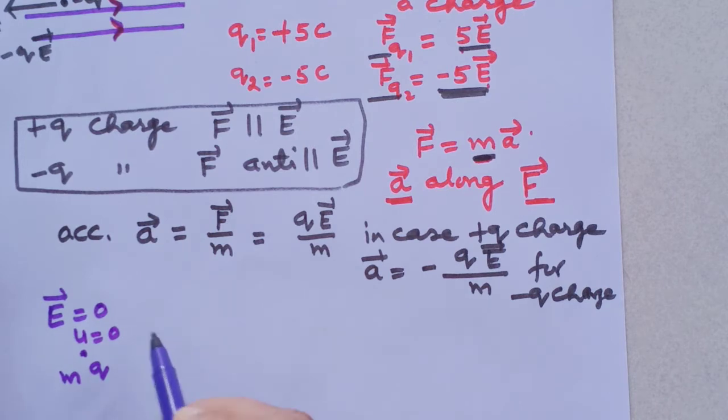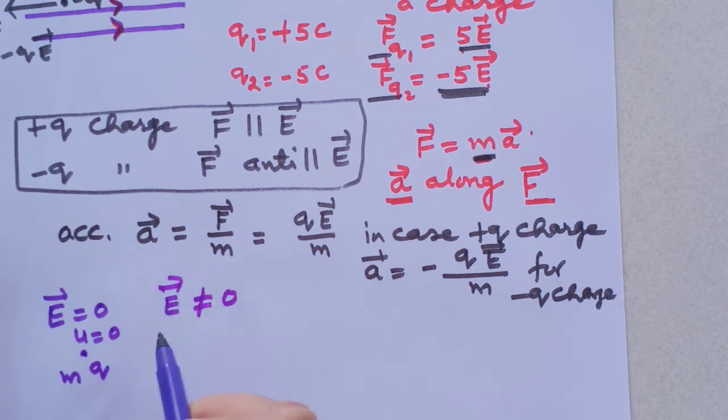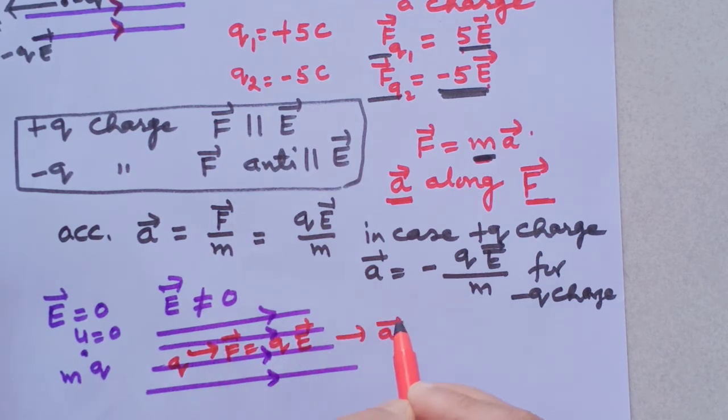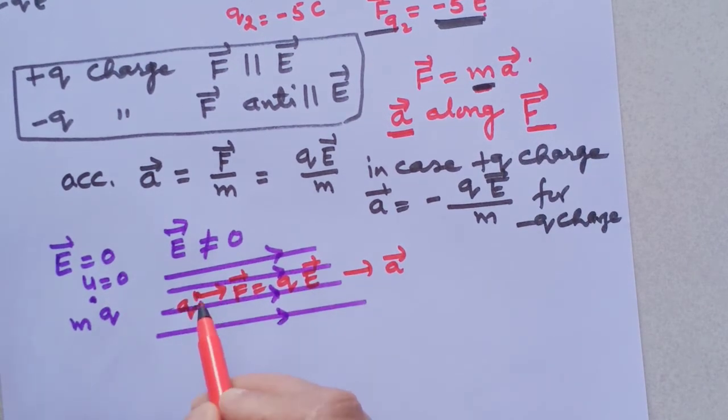But when the field is applied, meaning now the value of the electric field is not 0 but applied along this direction, the charge will experience a force Q into E along this direction. So we'll have acceleration along this direction, and now it will start moving.